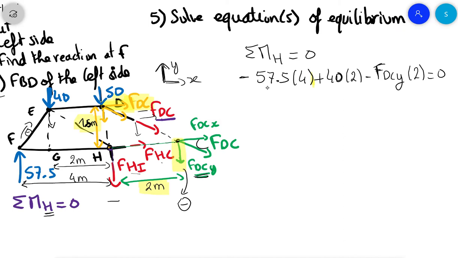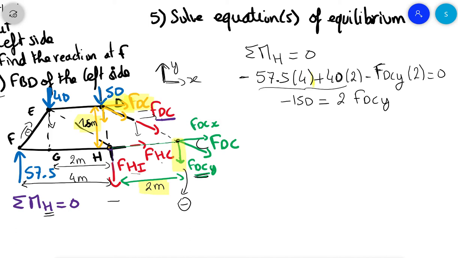So this one altogether, it's 80 minus 57.5, times 4. 80 minus 57.5 times 4, so it's minus 150. That is equal to 2 times FDCY.